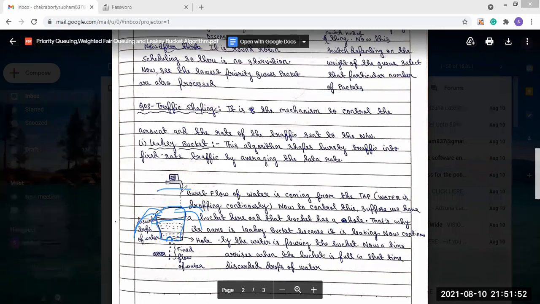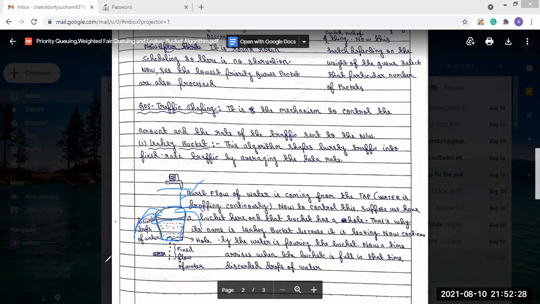That is the fixed flow of water going out. So burst flow of water is pouring into the bucket and fixed flow of water is going out from the bucket through the hole. And if the bucket is full, the water splashes out. We call it the discarded drops of water.